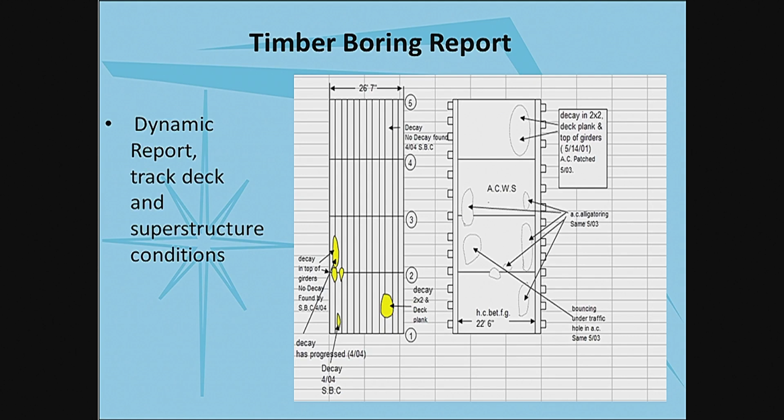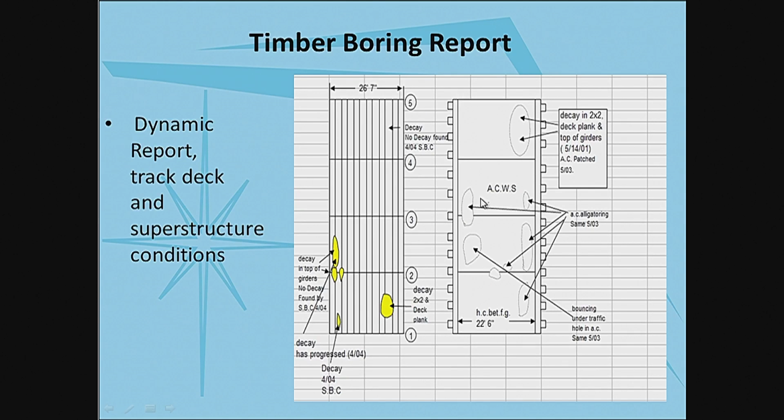You can also track the deck and superstructure conditions, so you can do a framing plan. Not all timber boring reports have this because they don't all have timber decks, and they may not all have timber girders. They may just be timber piling with the concrete girders on it and a concrete deck. So a purely timber bridge that has everything timber should have something like this. It should show where the rotten timber girders are.